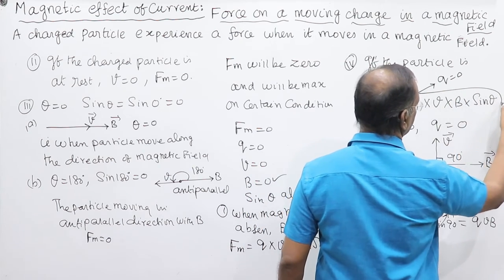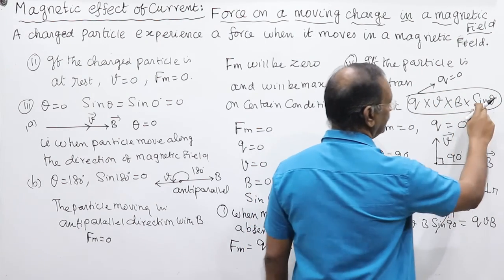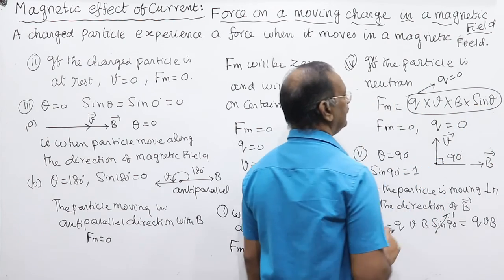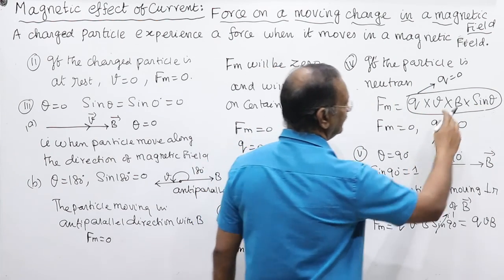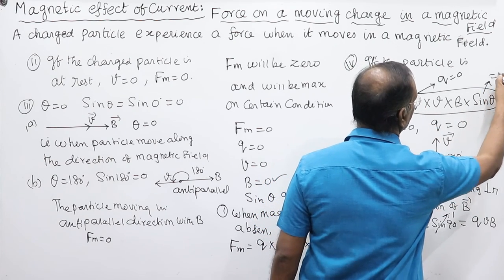The magnetic force is given by this expression. This force will be maximum when sine theta is equal to 1. If its value is negative, or if its value is equal to 0, it will give another value. This expression is maximum when this is equal to 1.